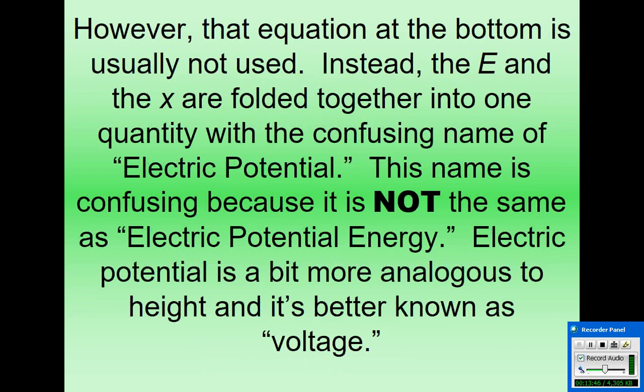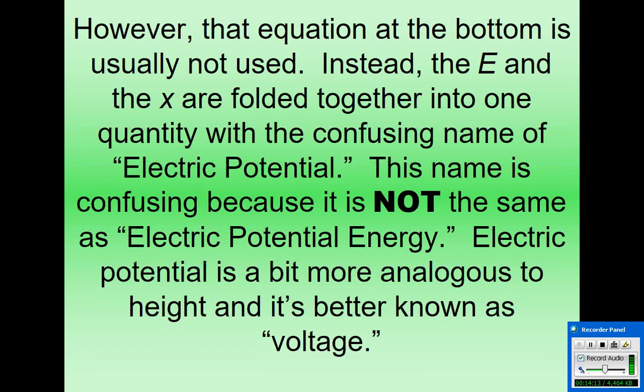Instead, we're going to combine the factors of E and X into a single term. That's done largely because in most situations, the electric field is highly non-uniform, whereas in a gravitational field that we normally encounter, the gravitational field is highly uniform, and so we can easily separate it out.